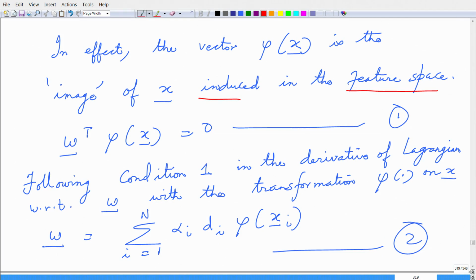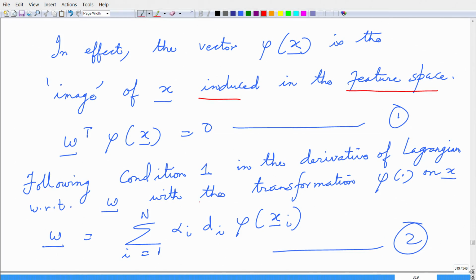Upon doing matrix calculus, I get W to be equal to summation i equals 1 to n alpha i di times xi. But now this xi is not the input vector, but it is a vector that is acting in the feature space. So xi would be replaced by phi of xi when we deal with the problem where we invoke the nonlinear mapping.